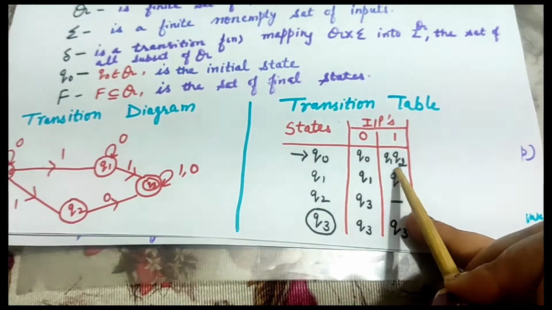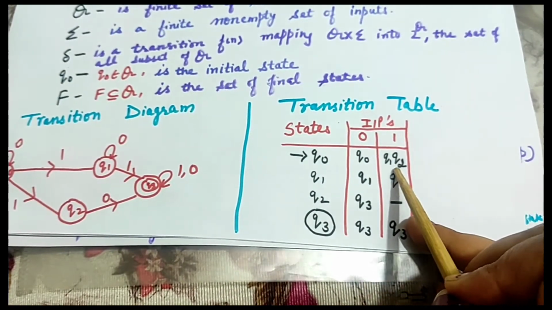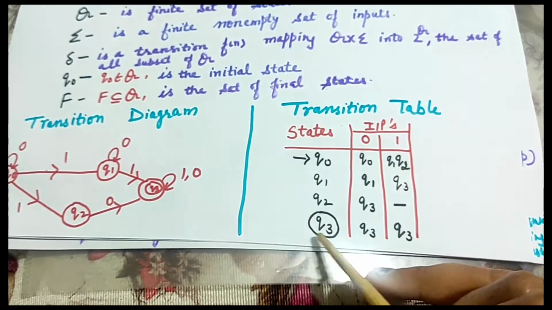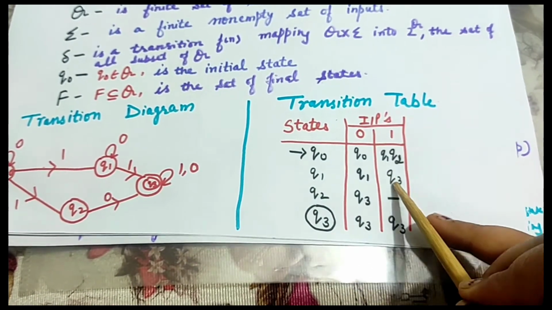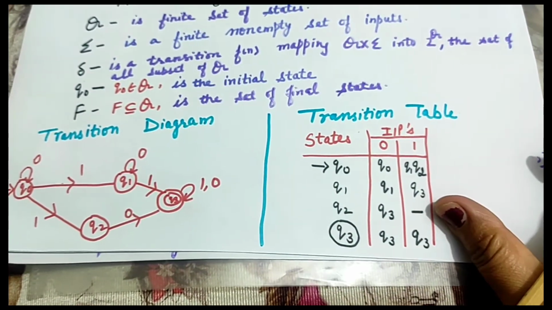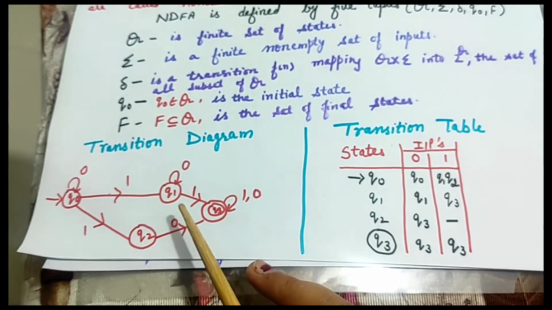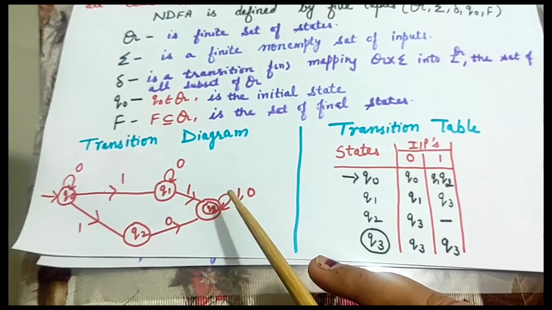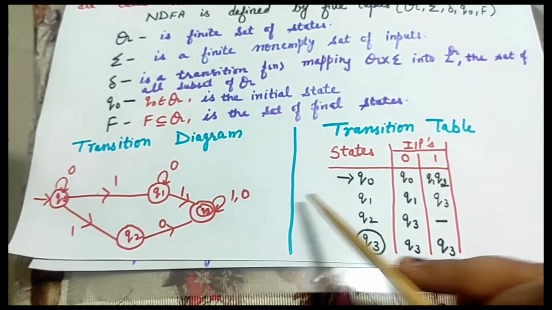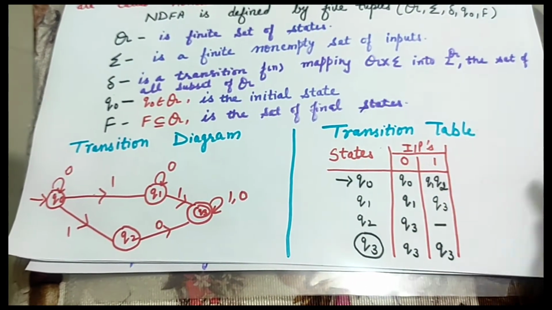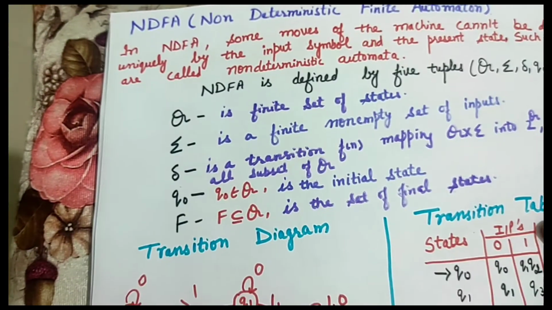So this shows the non-deterministic behavior. That's why this table belongs to the NDFA. This is all about the 5 tuples of NDFA, and how NDFA is described with the help of a transition diagram as well as with the help of a transition table.